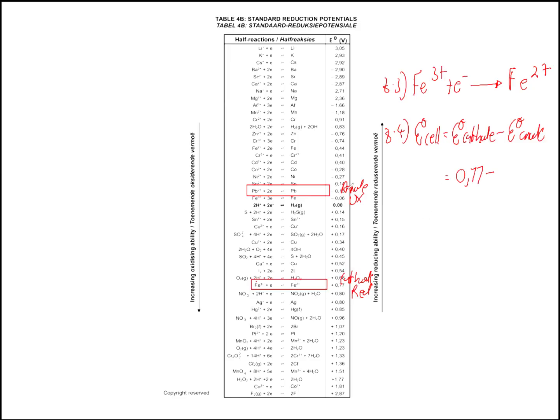E anode, what's this number here? Negative 0.13. And then when we punch all this into our calculator, we get 0.90 volts. And that's your E cell. So you have your 4 marks just as easy as that. So the formula, the 2 substitutions, and then that mark with the SI unit. Okay.